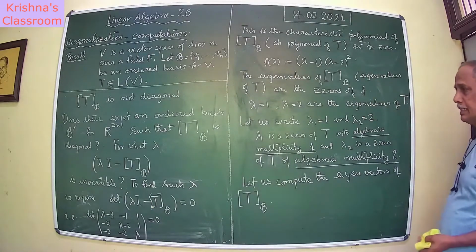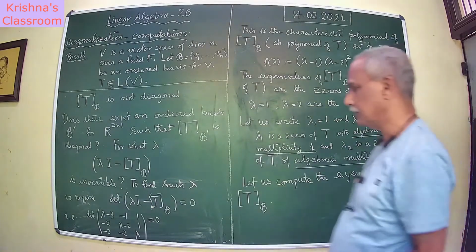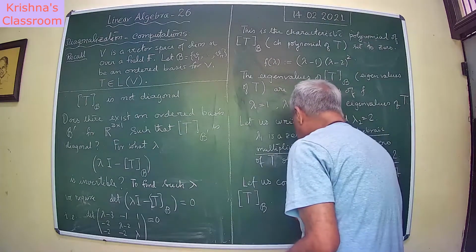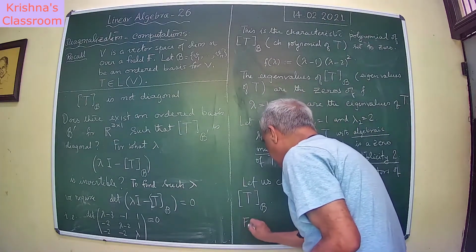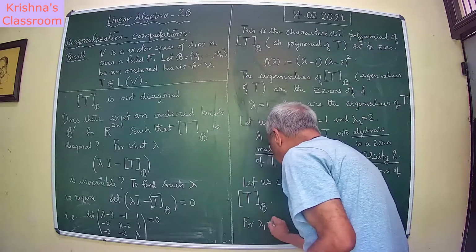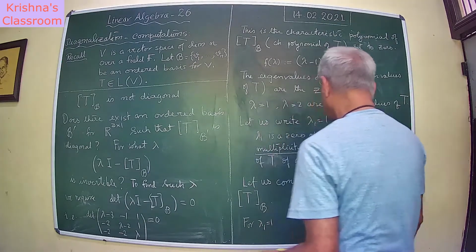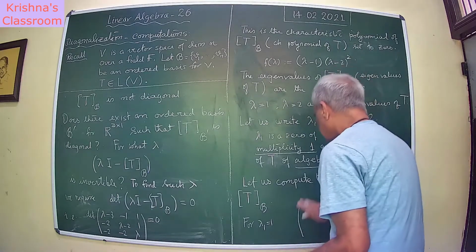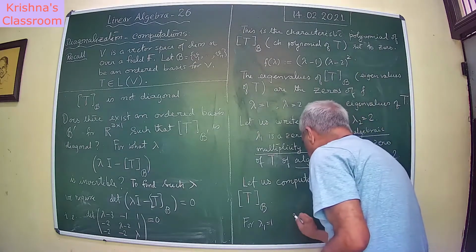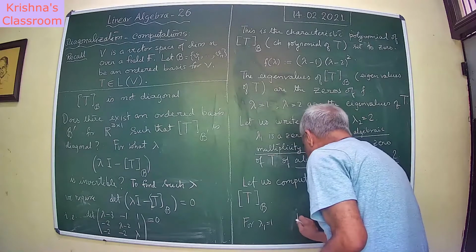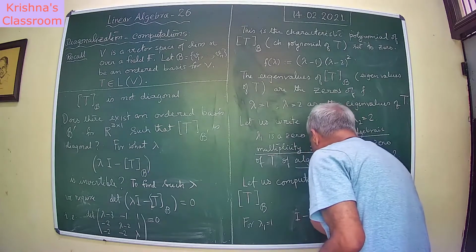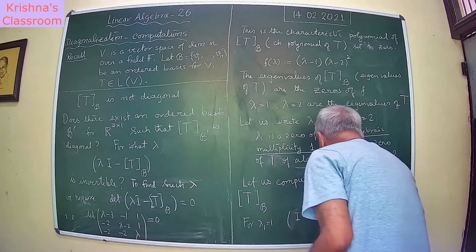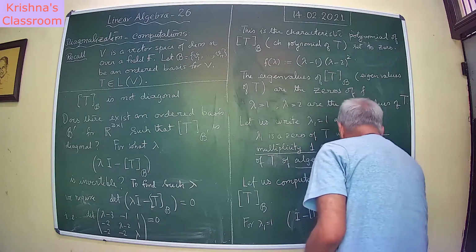This is done easily because what you do is you require, first for lambda 1 equals 1, you have to look at lambda I minus TB equal to 0.